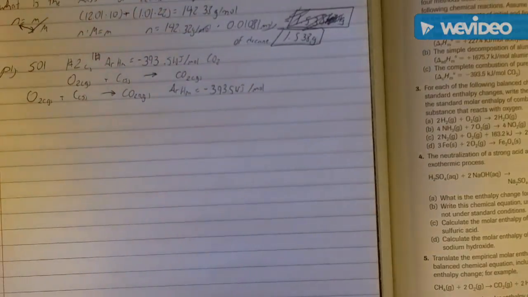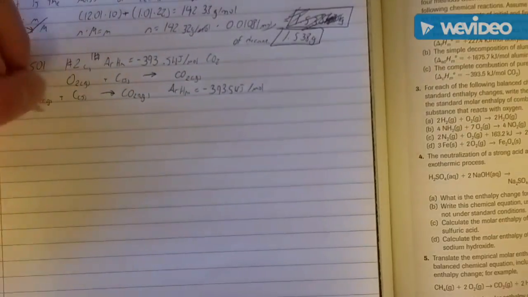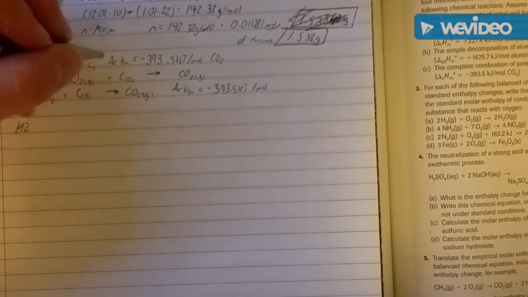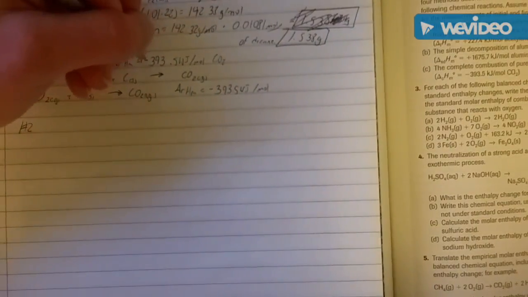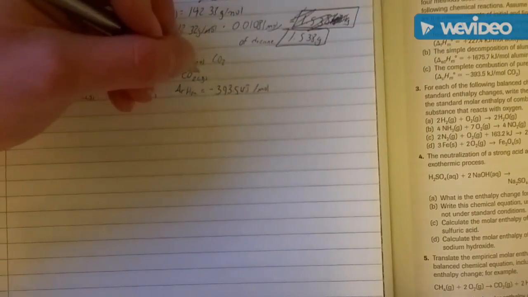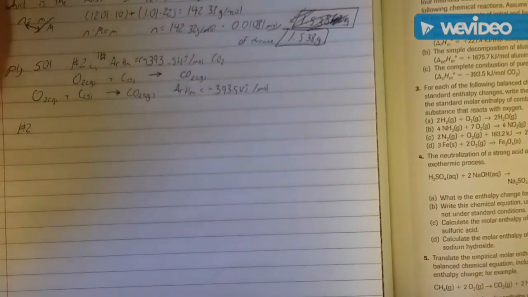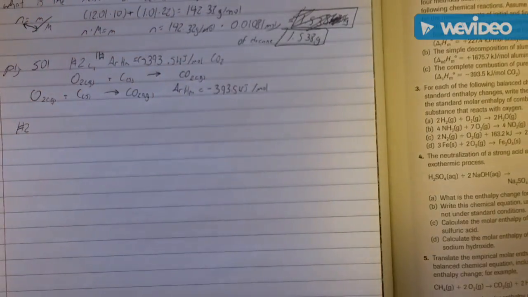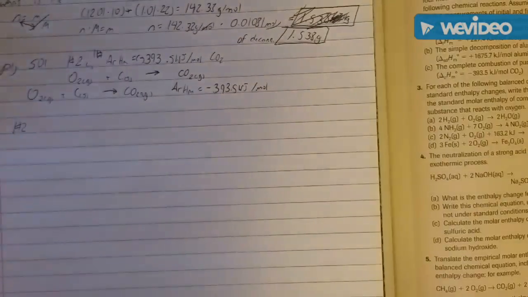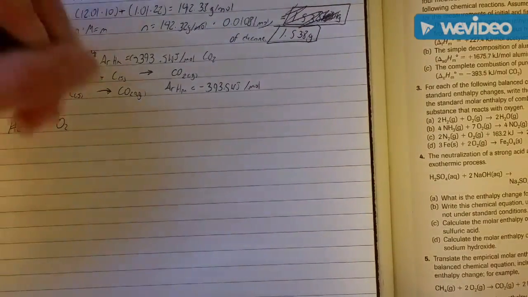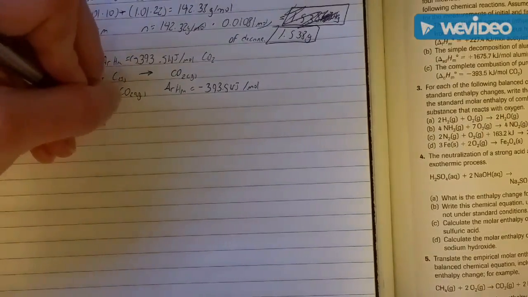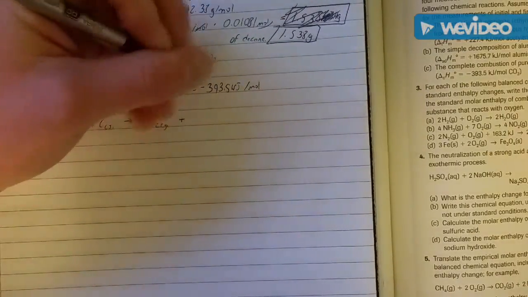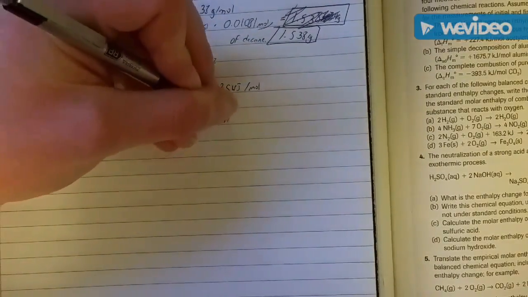For our next way of communicating it, number 2 we'll call it, is writing it as a product. This negative means it's part of our products. If it was positive, it'd be shown as a reactant. So O2 gas plus C solid to form CO2 gas plus 393.5 kilojoules.